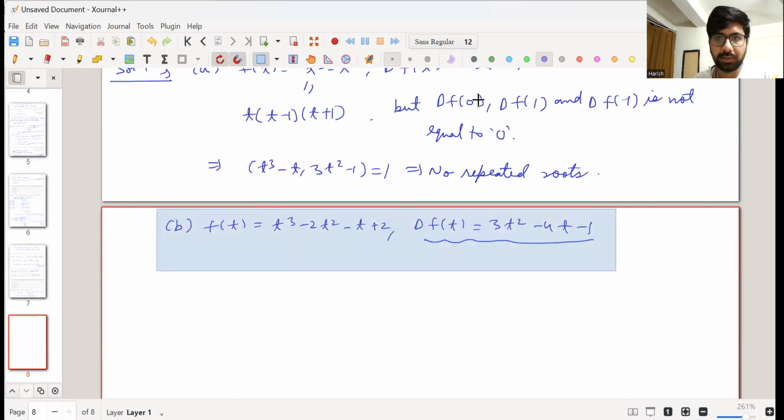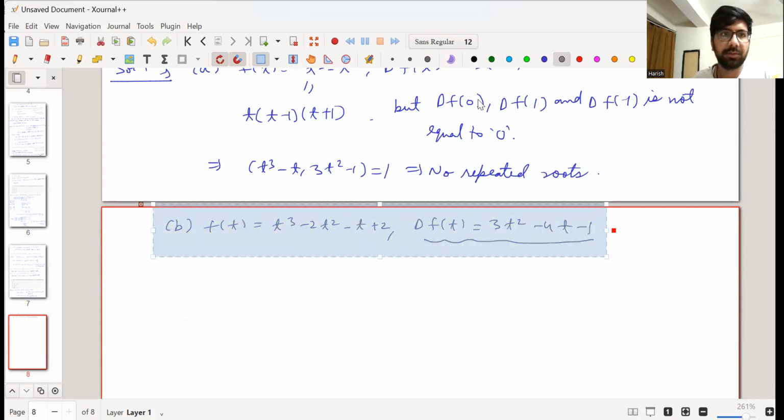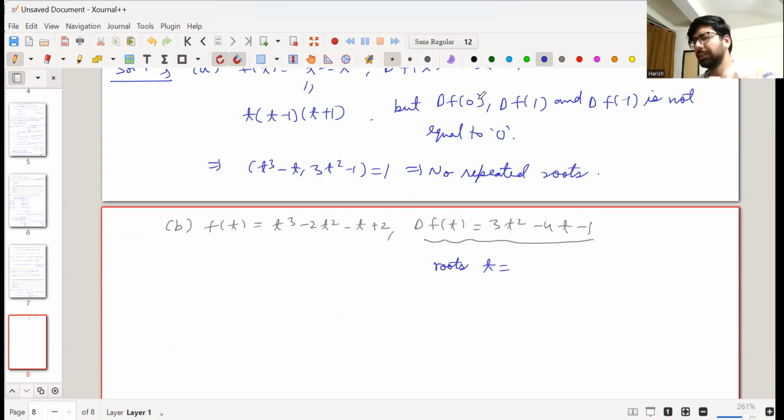So this has roots t equal to, use the quadratic formula. Or instead of calculating its roots, maybe the easier thing is to find the root of this. Let me focus on f(t) first.